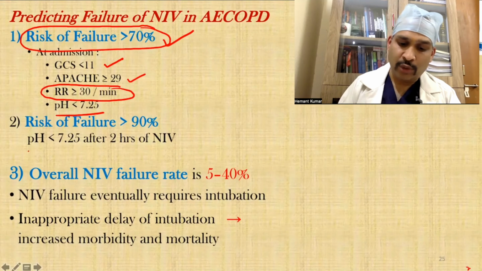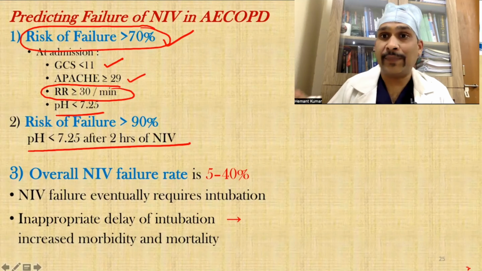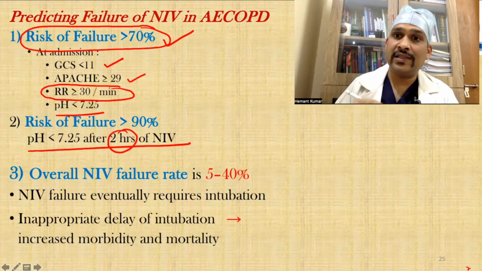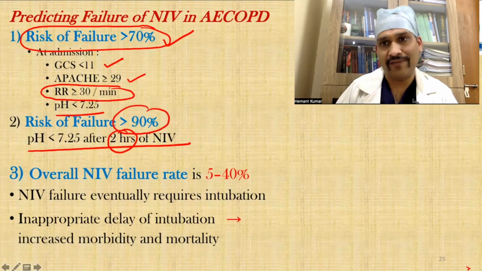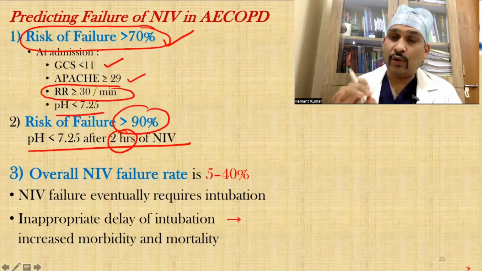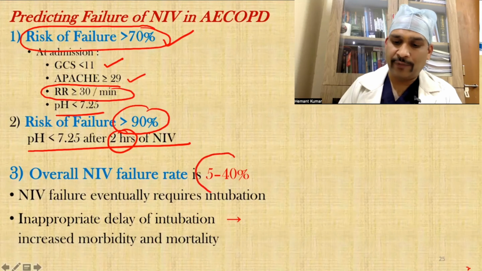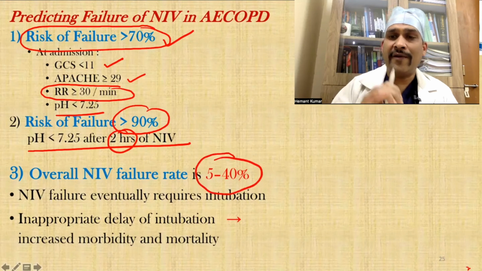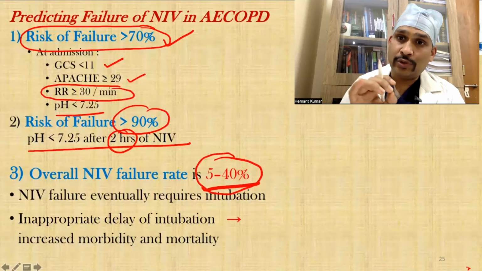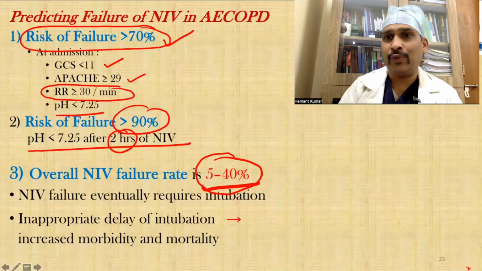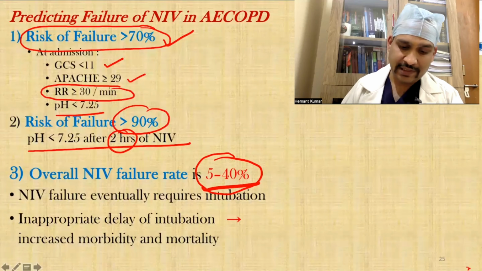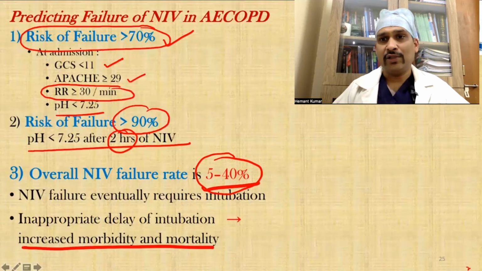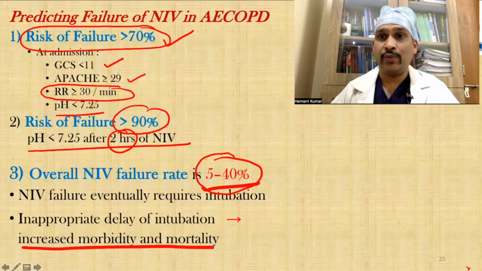And if the patient is having more acidosis even after applying NIV, then these patients used to have more than 90% chance of NIV failure. Overall NIV failure is about 5 to 40%, meaning out of 100, 5 to 40 patients are going to fail NIV. So we should suspect NIV failure and we have to intubate that patient. Undue delay of intubation increases morbidity and mortality. So whenever you find NIV failure, you have to intubate immediately.